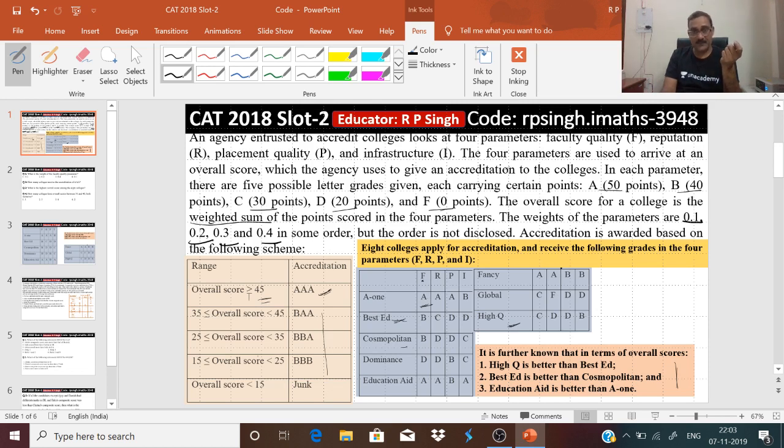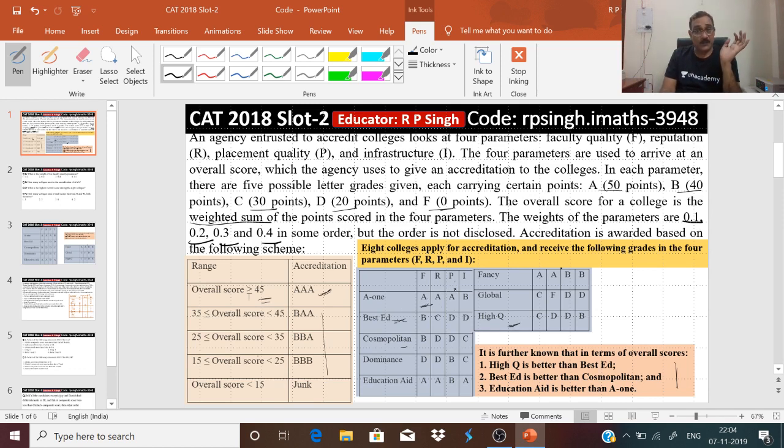But what is the weight of F? When it is multiplied with 50, it will give the score. Similarly, R 50 points, P maybe 50 points, and in the I he got 40 points. So if we multiply these grade points with the weights, then we can get the score of A1.